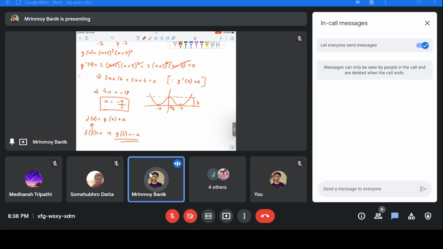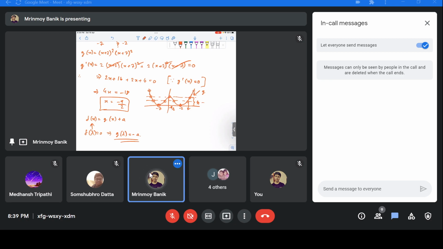So basically we have to shift this graph g downwards by some value a, such that it cuts the graph g at 1, 2, 3 or 4 points, or 2 points, which is pretty common.